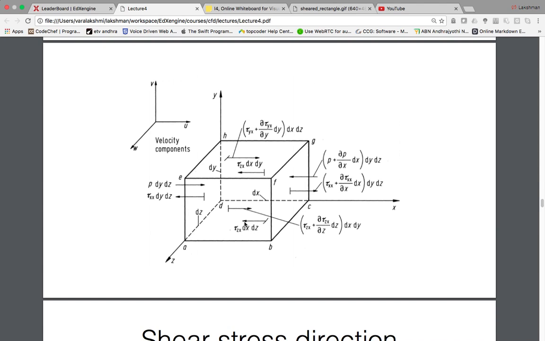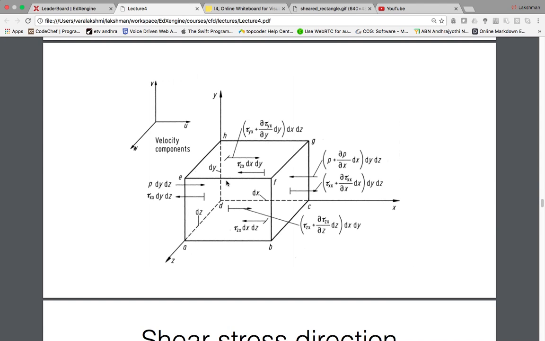And as we have seen above, the bottom fluid element is trying to pull this element to the left side. That's why it's pointing to the left side. And the top face is dy away from the bottom face. That's why from Taylor series expansion we get tau yx plus del tau yx by del y multiplied by dy, because this is the y direction.